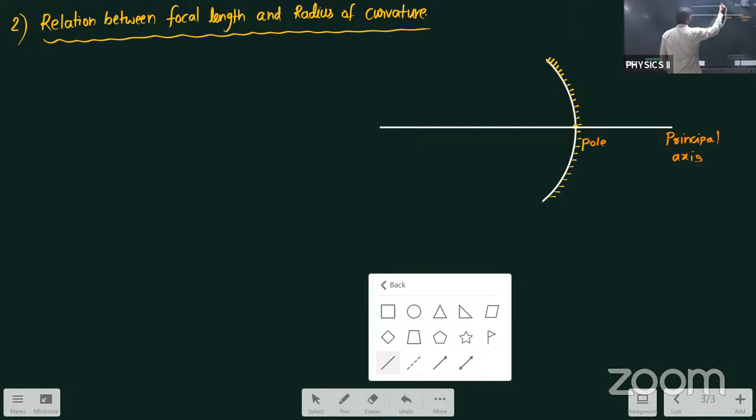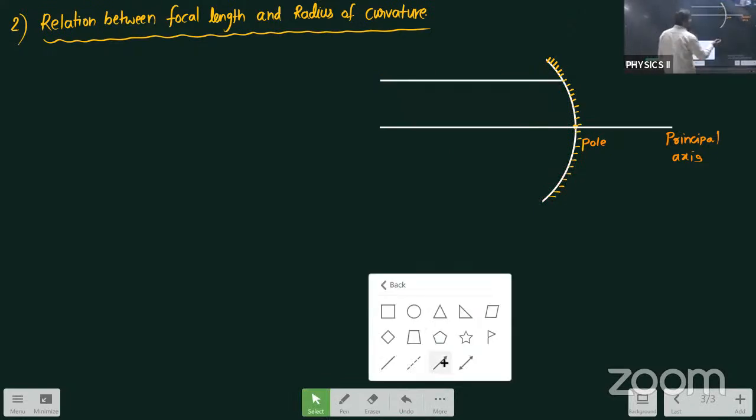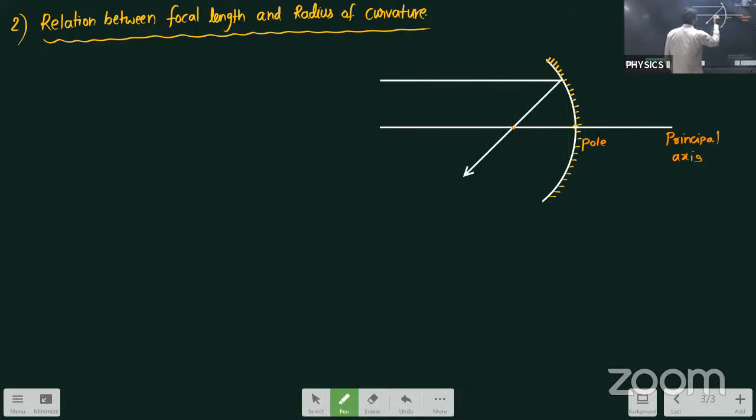What will happen after reflection? Here the reflection takes place. After reflection, this light ray will pass through a point. That point is called the focus.